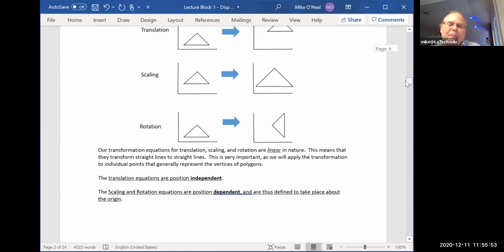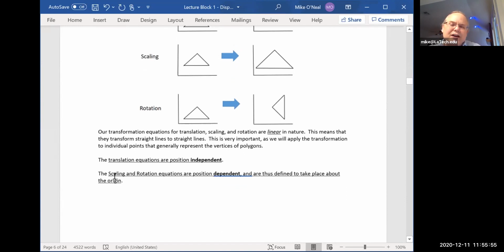Now, I talked a little bit about the fact that scaling and rotation could have side effects, but that translation doesn't. Translation equations are position independent. The result you get doesn't depend on where you start. If I say move a pyramid 5 units to the right and 10 units up, it doesn't matter where that object started, it'll move 5 to the right and 10 up.